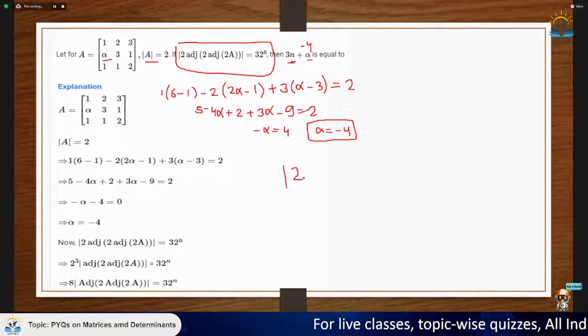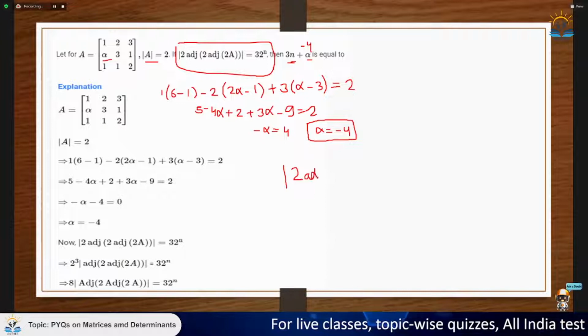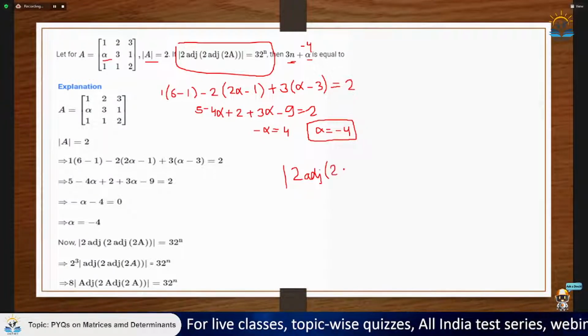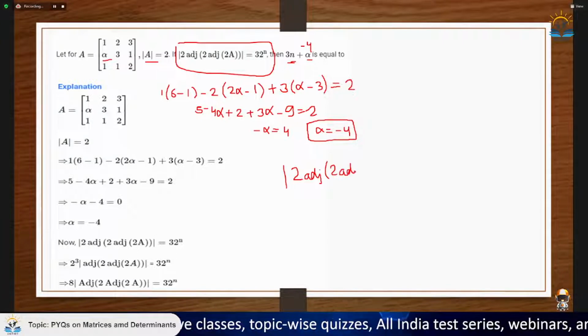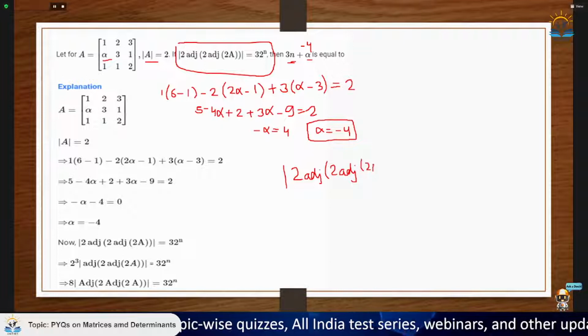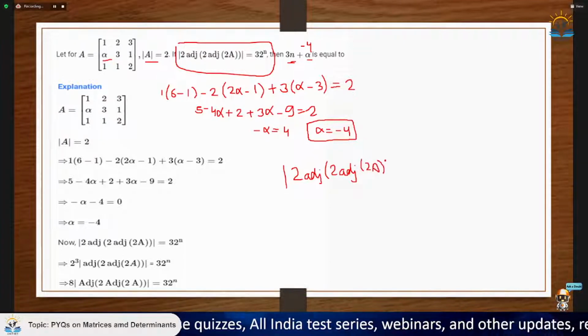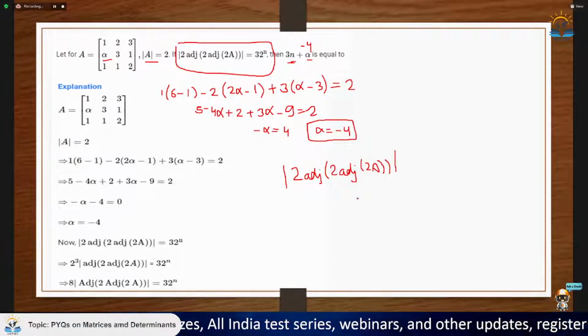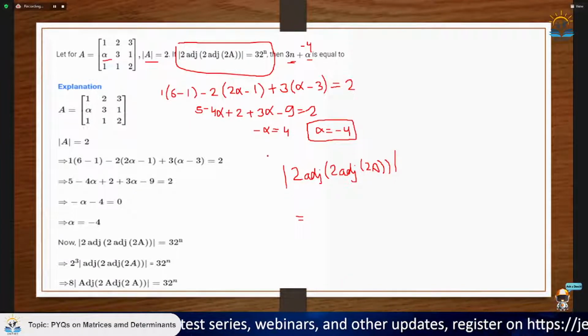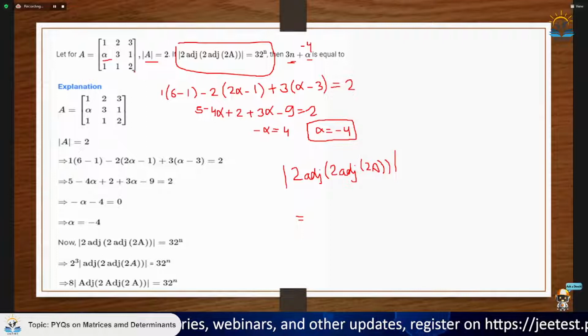It is given to you 2 times adjoint of 2 times adjoint of 2 times adjoint of 2A. So this thing is, firstly take two outside, and the order of this matrix is 3 cross 3, you can see.